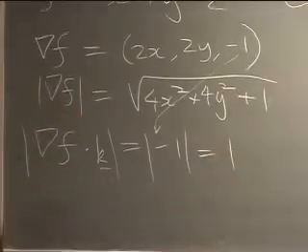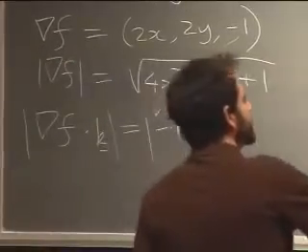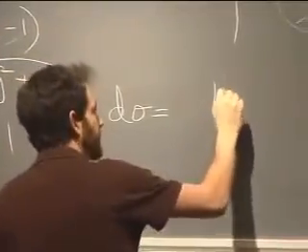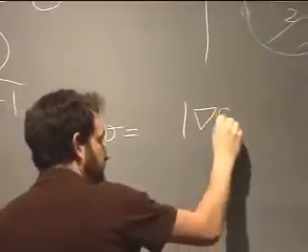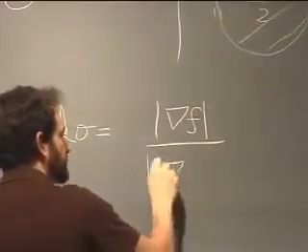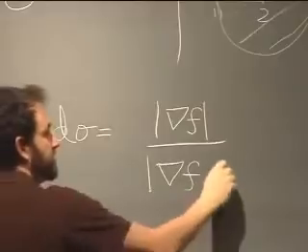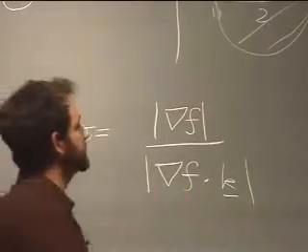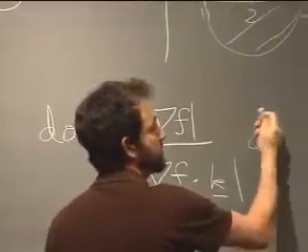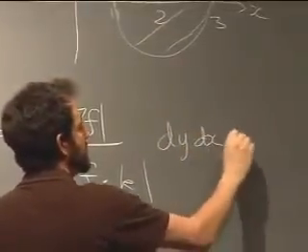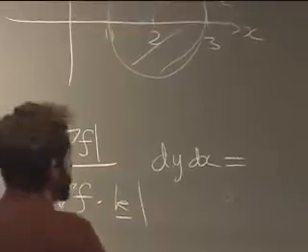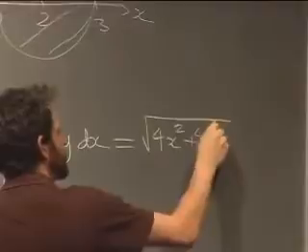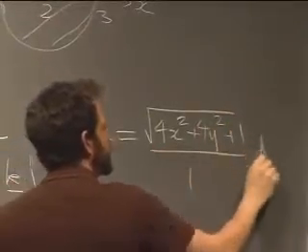And so we have our standard formula: d sigma is equal to the length of grad f over the absolute value of the k coordinate, or the z coordinate, of grad f, dx dy, or in this case dy dx. And we have already computed this as this quantity divided by 1, dy dx.